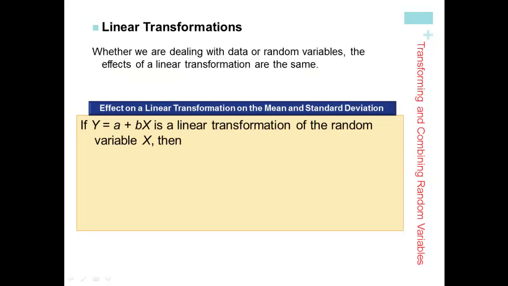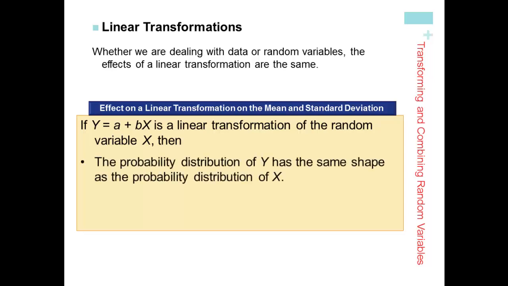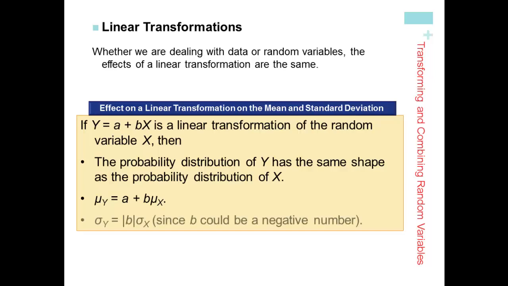If Y is equal to a plus bX, meaning Y is a random variable and X is a random variable that we're multiplying by b and adding a to, to get the random variable Y, and it's a linear transformation, then the probability distribution of Y will have the exact same shape as the probability distribution of X. Mu sub y, the mean of Y, will then equal a plus b times the mean of X, and the standard deviation of Y will equal the absolute value of b times the standard deviation of X. Again, standard deviation cannot be negative, so you need to multiply by the absolute value of b.